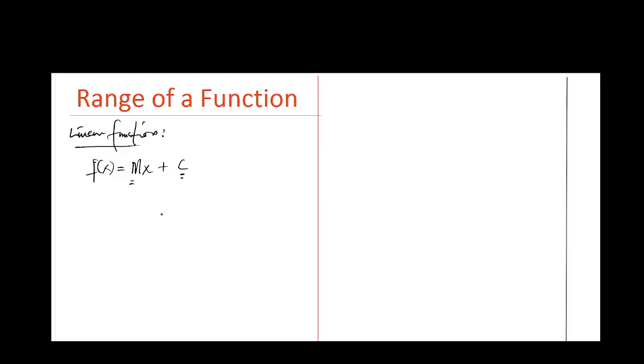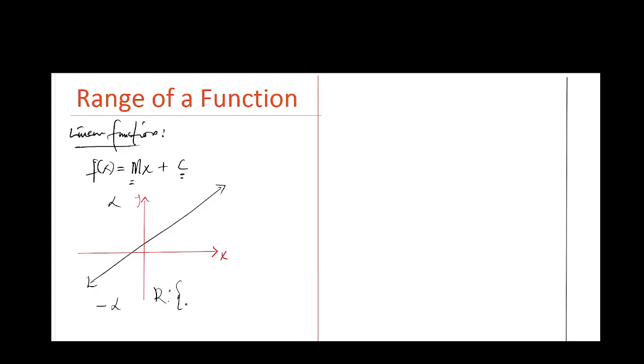If we plot the graph of the straight line graph, we are going to have something of this nature. This arrow indicates continuity. We have negative infinity at this end as it extends to positive infinity. How do we write the range of this function?